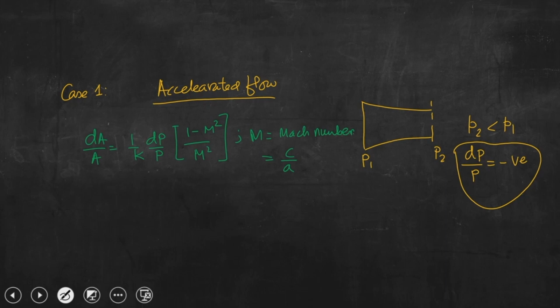Sub case A, when C is less than A, that means Mach number is less than 1. If Mach number is less than 1 and dP by P is negative, then to balance this equation, dA by A should be negative.